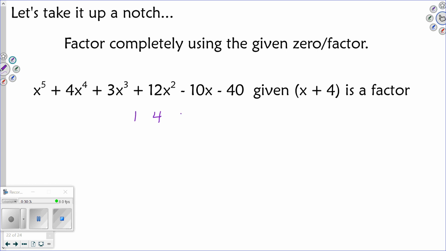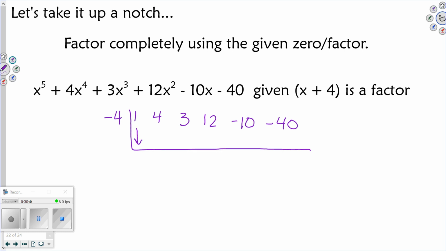So 1, 4, 3, 12, negative 10, negative 40. What am I dividing by? Negative 4. All right, so let's go through our synthetic division. I'll do mine, you do yours.